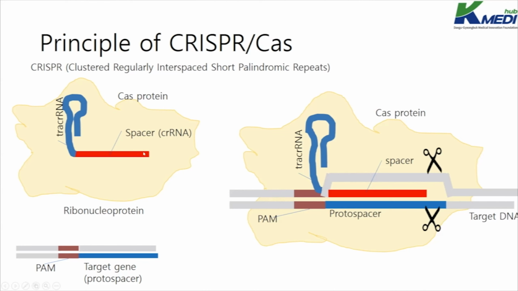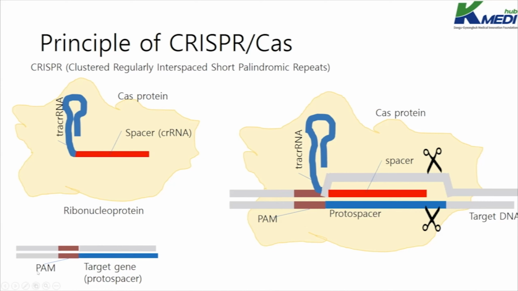This guide RNA can be designed to be complementary to the target gene. Then this Cas system can be used for many purposes. One more thing you need to consider is the PAM, which stands for protospacer adjacent motif.